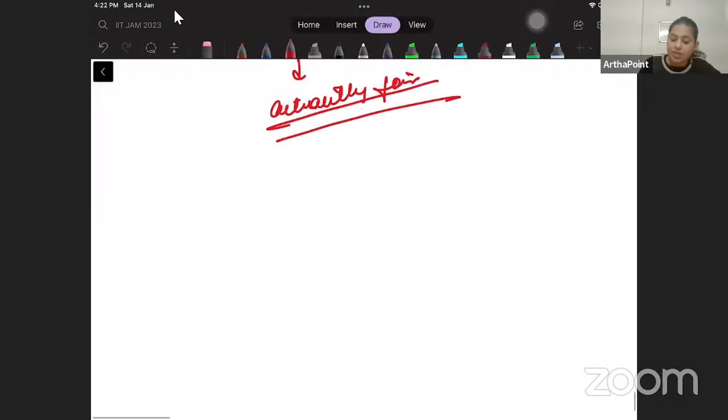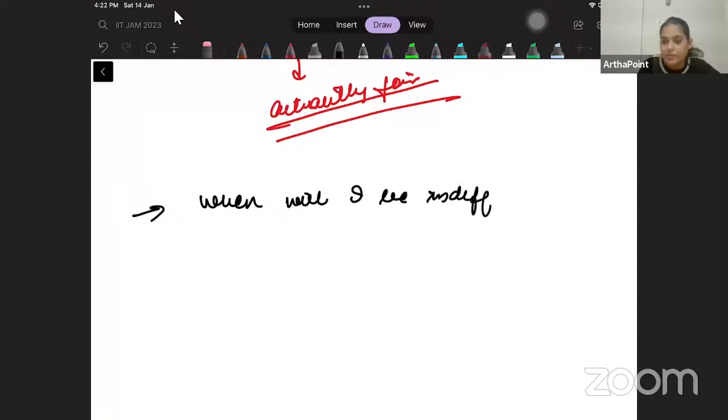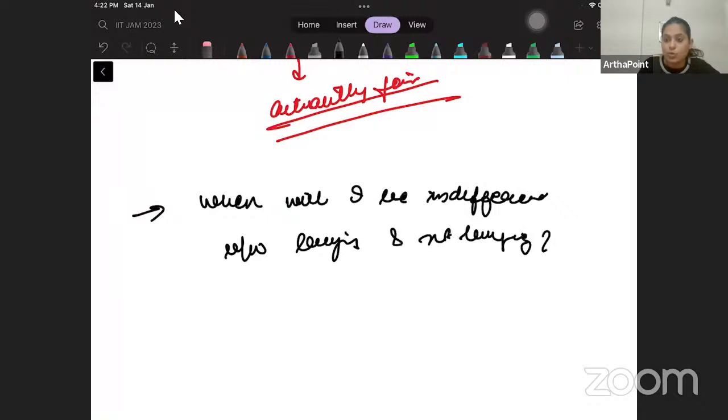इसमें क्या करेंगे? In such kind of questions, the only thing you can do is, when you will ask this question, when will I be indifferent between buying and not buying insurance?